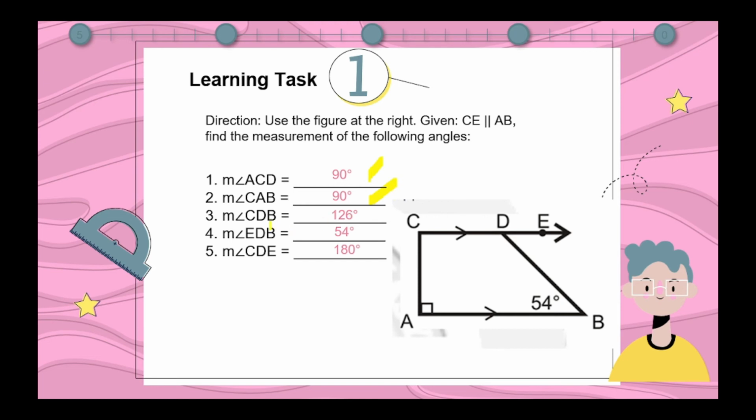Number 3, the measure of angle CDB is 126 degrees. Number 4, the measure of angle EDB is equal to 54 degrees. And number 5, the measure of angle CDE is 180 degrees. So, all in all, we have 5 points for learning task number 1.